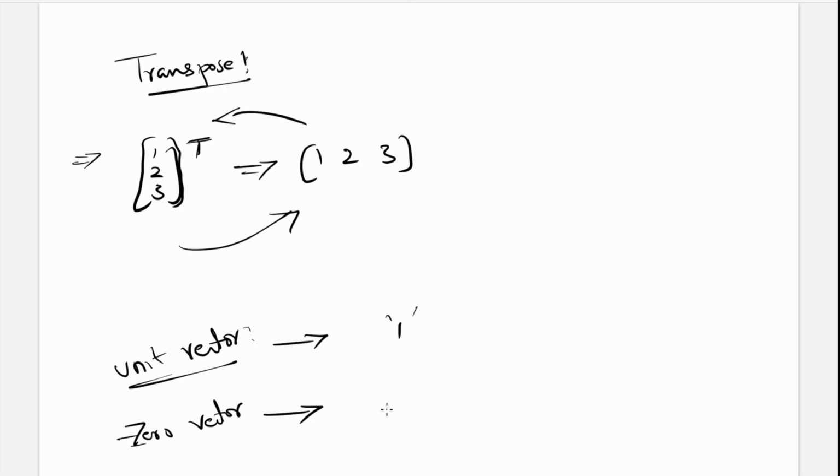If the length of the vector is 0, then it is called a zero vector.